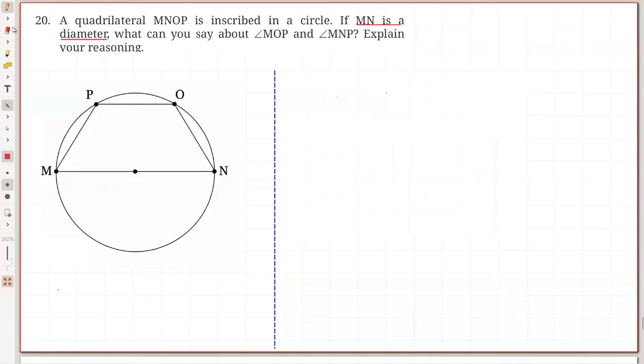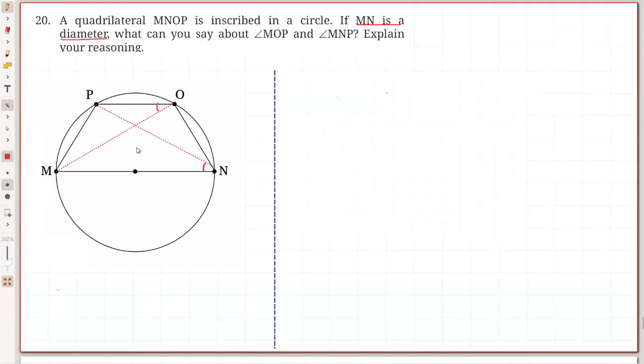Now, what can you say about angle MOP, this angle, and angle MNP? For MNP I have to join this. So what is the connection between these two angles they are asking? MOP, this angle, and MNP, this angle.